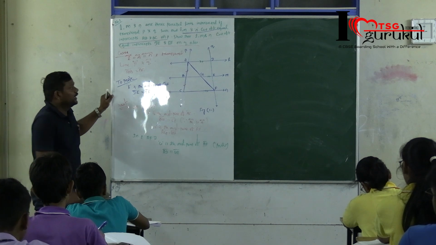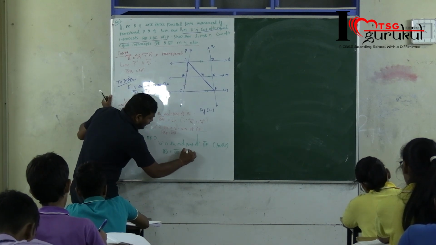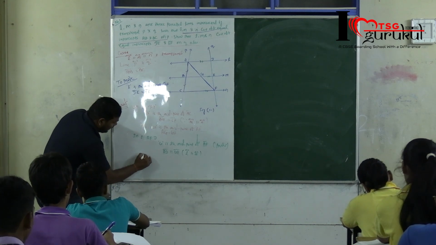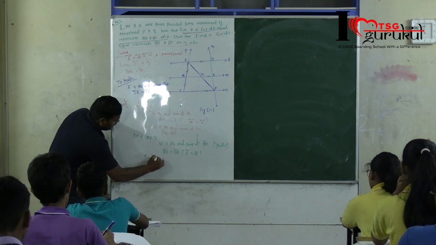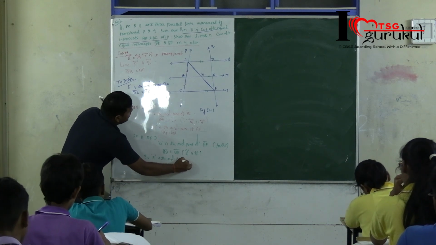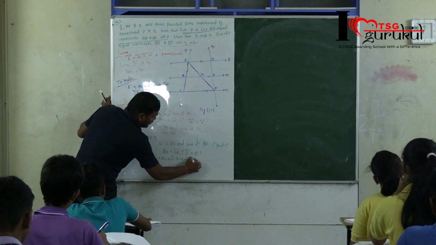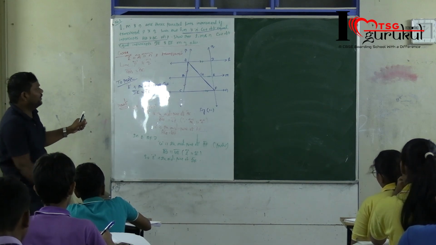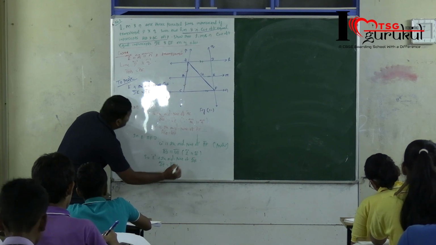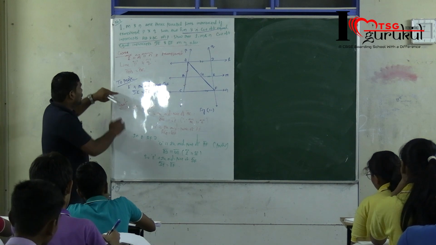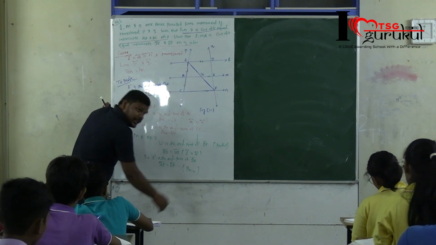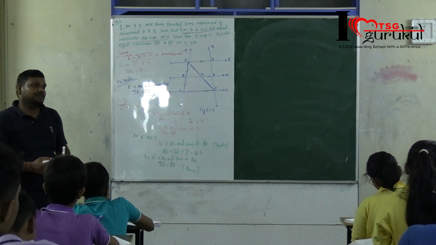Due to line L parallel to line M. So E is the midpoint of DF. Hence DE is equal to EF, which is what we had to prove. Understood everyone? Yes, sir. Okay.